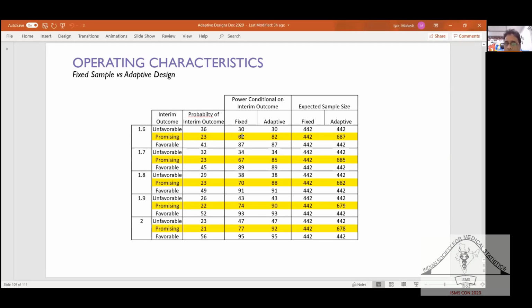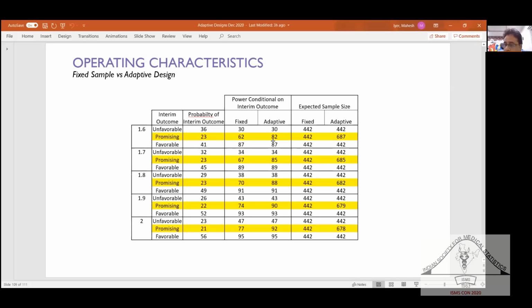But look at the power now. For a fixed design, if you were in the promising zone, your power would only be 62 to 77. Whereas by using your adaptive design, you can increase your power from 82 to 92. So you can have more than 80% power.